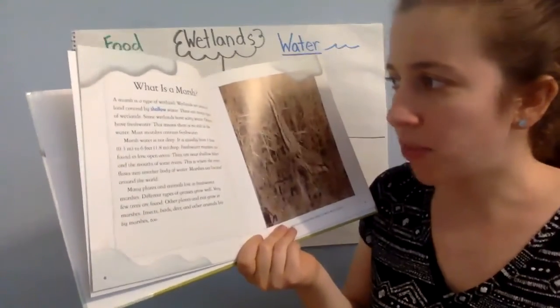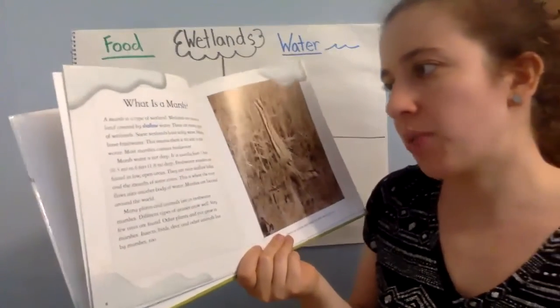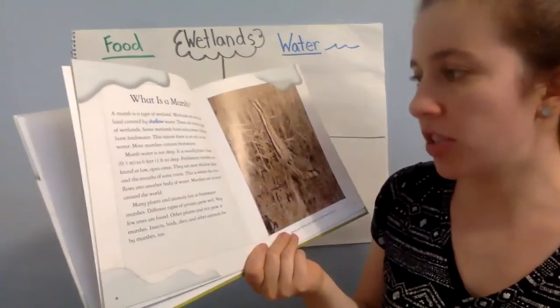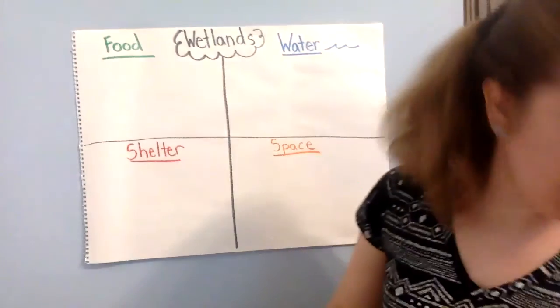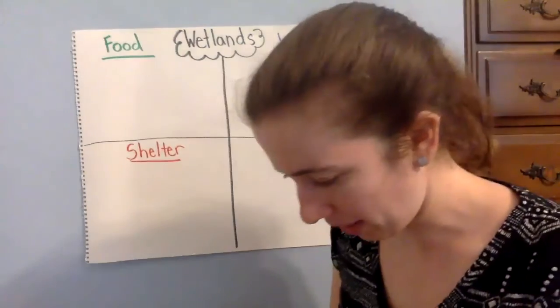There are many types of wetlands. Some wetlands have salty water. Others have fresh water. This means there is no salt in the water. Most marshes contain fresh water. So I'm learning right now some things about the water in the wetland.